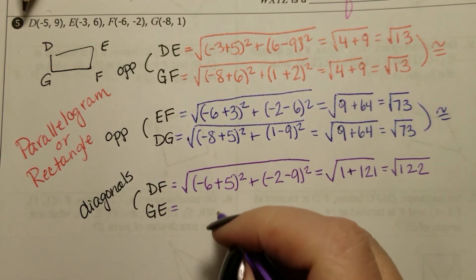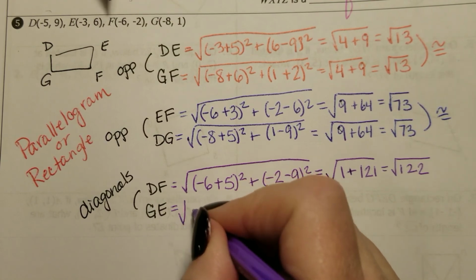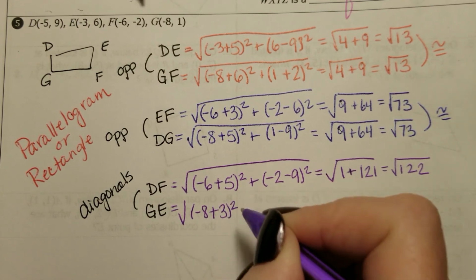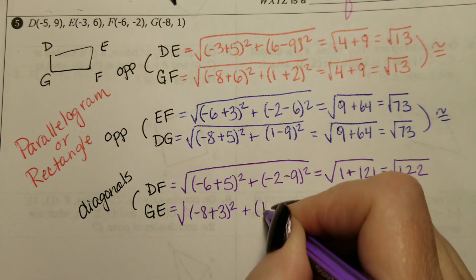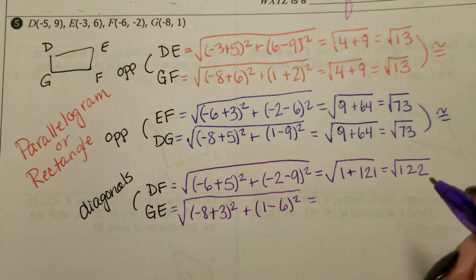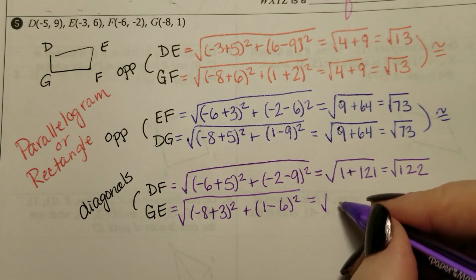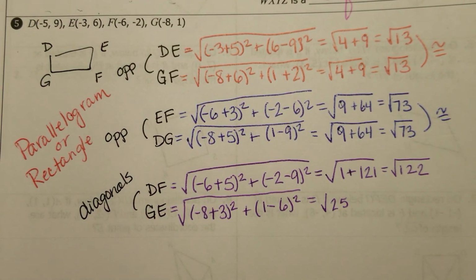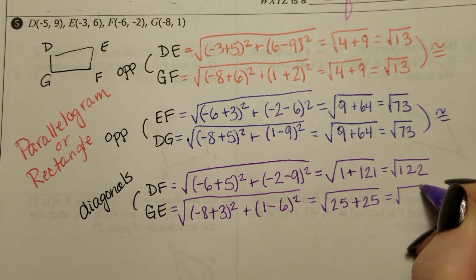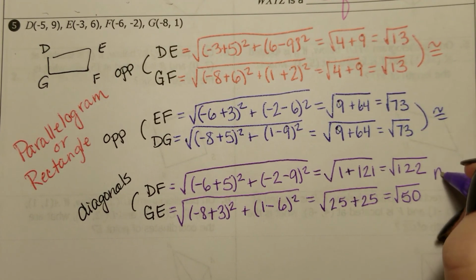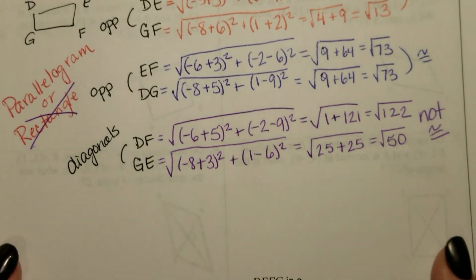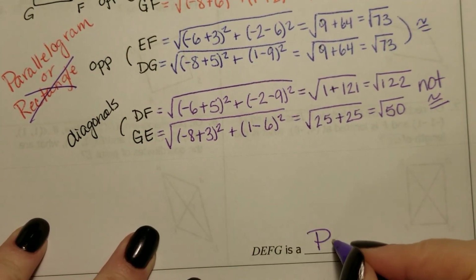And we have GE, so we're going to have the square root of negative 8 minus negative 3 squared, and then add that to 1 minus 6 squared. Negative 8 plus 3 is negative 5, and negative 5 squared is 25. 1 minus 6 is negative 5, and negative 5 squared is 25. So we add those together and we get the square root of 50. These are not congruent, therefore it is not a rectangle. And so we are going to state that this is a parallelogram.